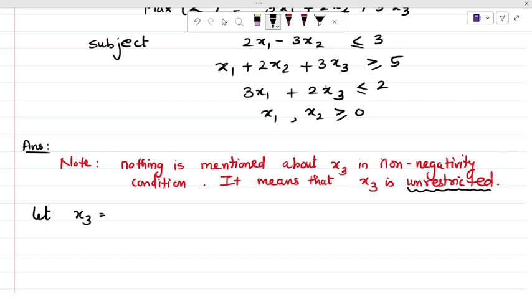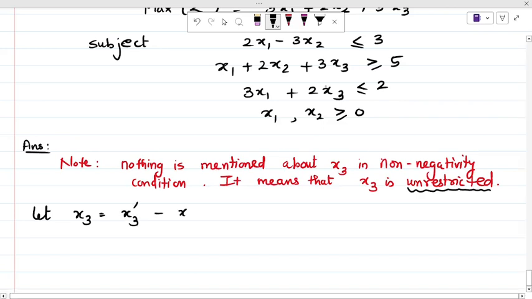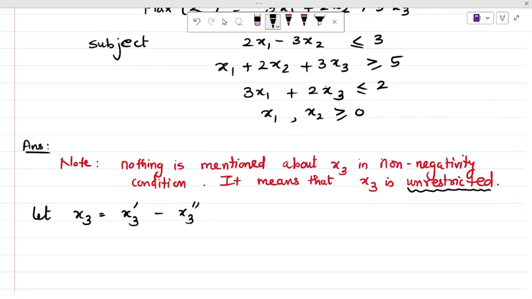Generally, whenever we replace a particular variable, we don't replace it by an entirely different alphabet. What we do is this way, we write x3 is equal to x3 dash minus x3 double dash. So it helps us to remember that we have the same number of things, but in a different way. So we remember that this thing has happened for x3. This is how it is generally written.